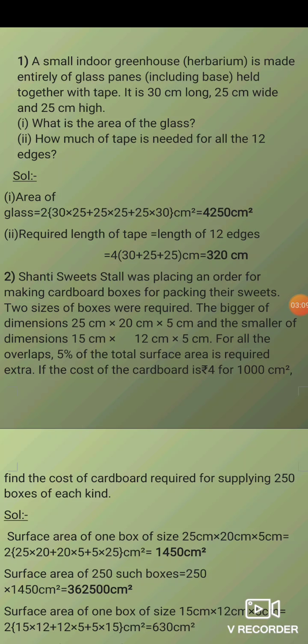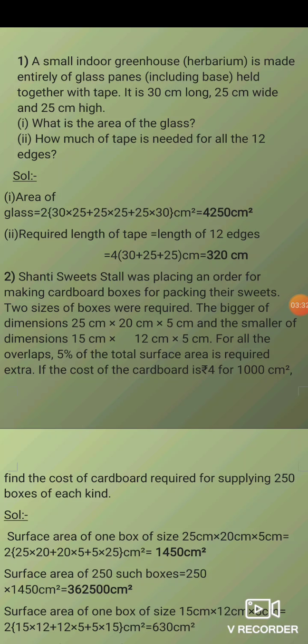For all the overlaps, 5% of the total surface area is required extra. If the cost of the cardboard is rupees 4 per 1000 centimeters square, find the cost of the cardboard required for supplying 250 boxes of each kind.